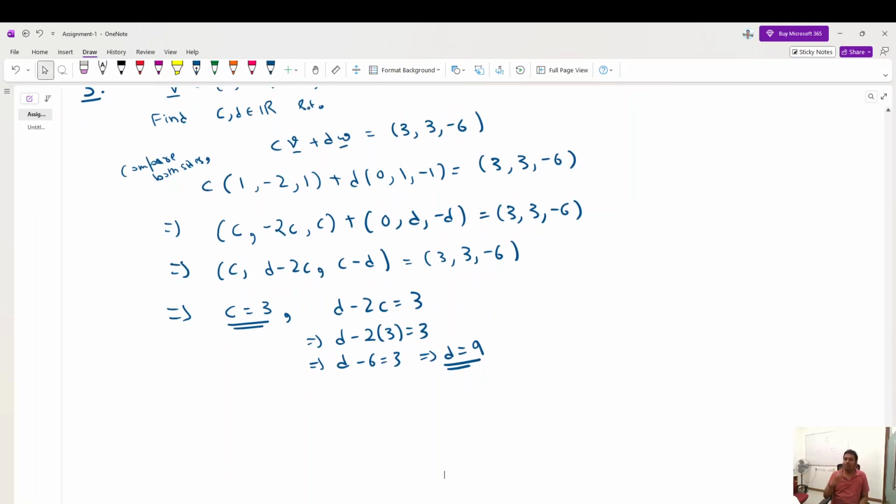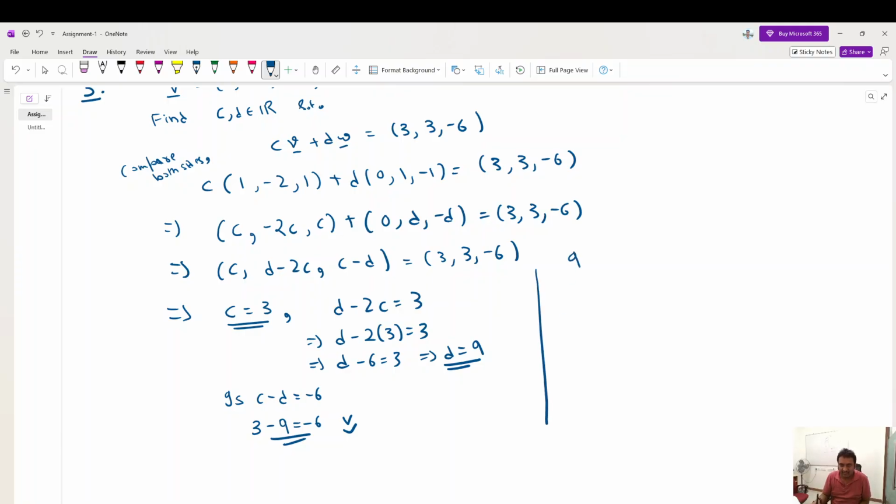But there is one more component, right? Maybe this value of C and D doesn't satisfy that. So you should always check: is C minus D equal to minus 6? C is 3, minus D, which is 9, equals minus 6. Yeah, no problem. So if I change this minus 6 to, say, 100, can you find such C and D?